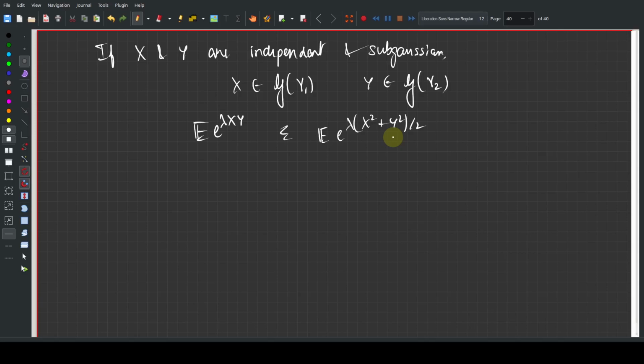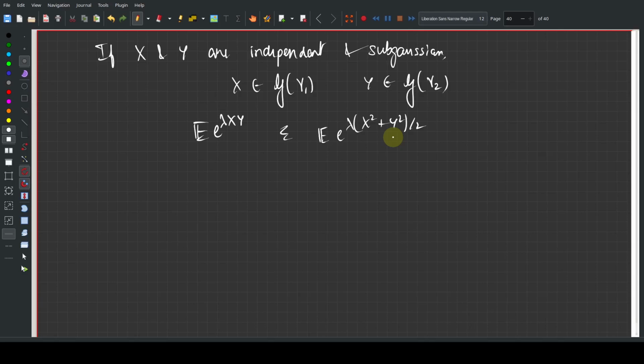So how are you going to use Hölder's inequality here? Exactly the same, say x y, that's the product. Sure, but that's still going to be slightly more complicated.